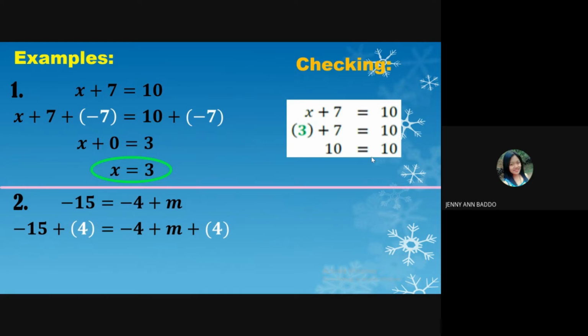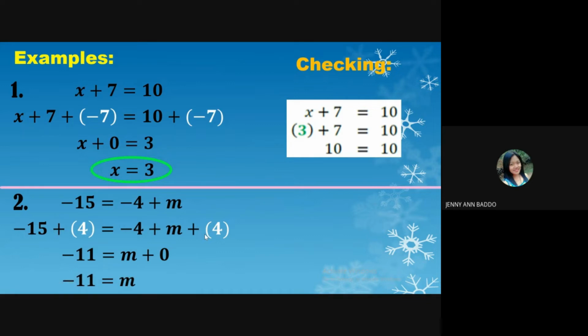Simplifying the left side, negative 15 plus 4, that's negative 11, equals m plus the sum of negative 4 and 4, that's 0. Or if you don't want to add 0, you can cancel negative 4 and positive 4. So we have negative 11 equals m.